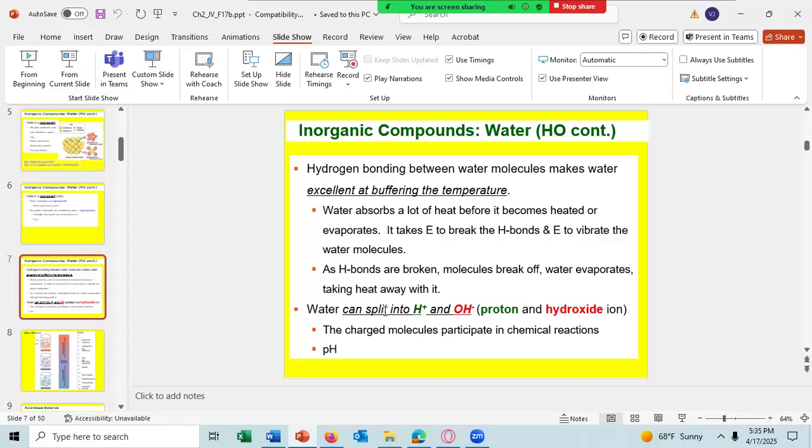Water, remember, is H2O, and it can split from H2O into H plus and OH minus with a complete charge. Now that's water at the surface of the Earth can break into H plus and OH minus.